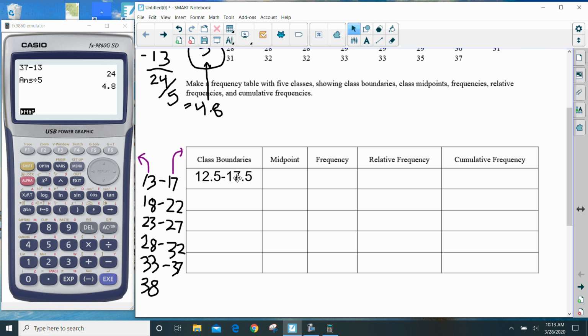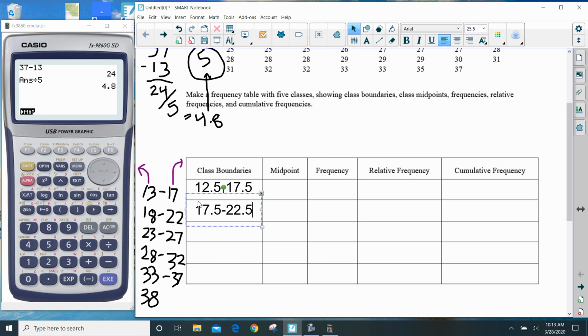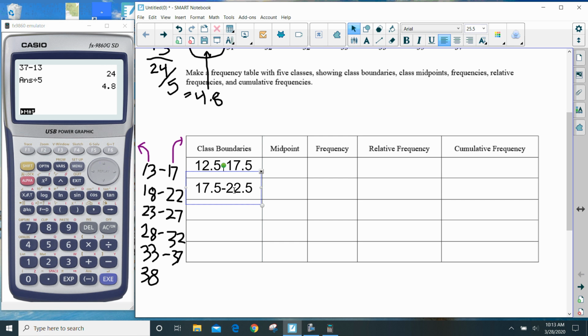This next boundary would be 17.5 to 22.5, etc. 22.5, so that's a half smaller than the 23, half bigger than 27 is 27.5.